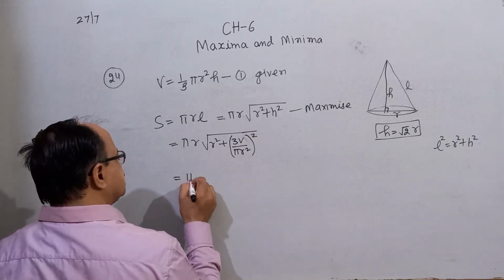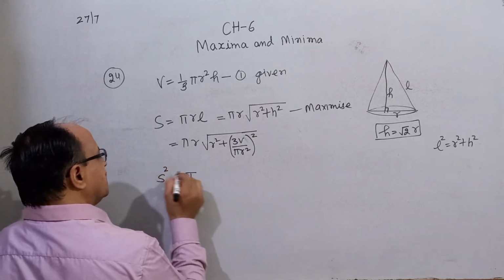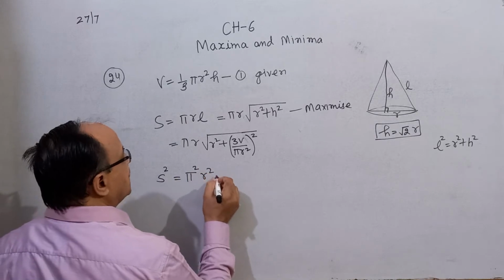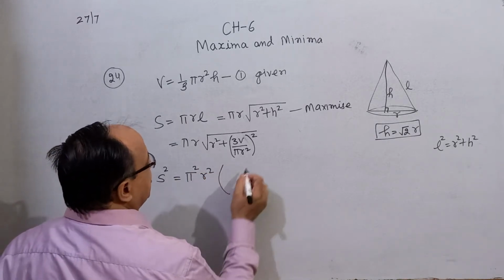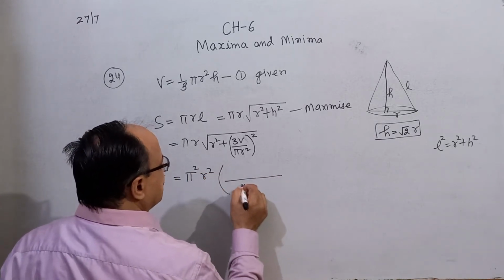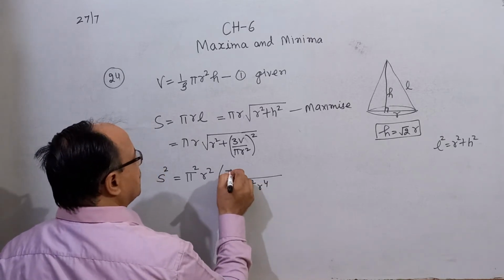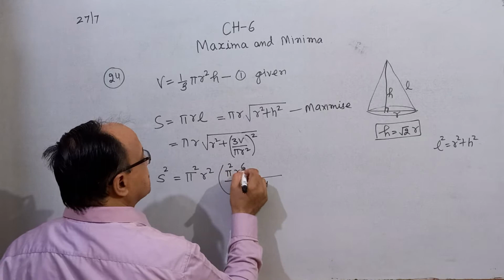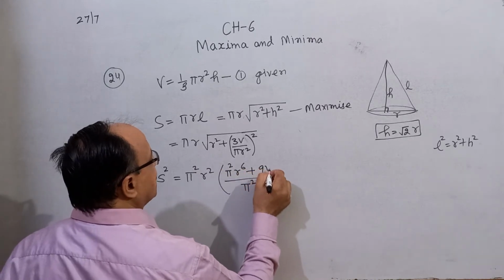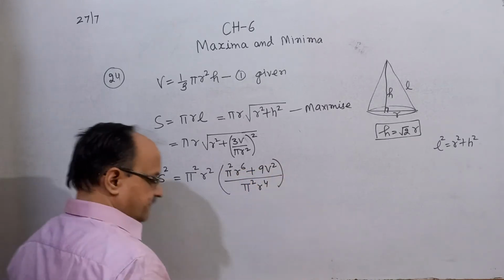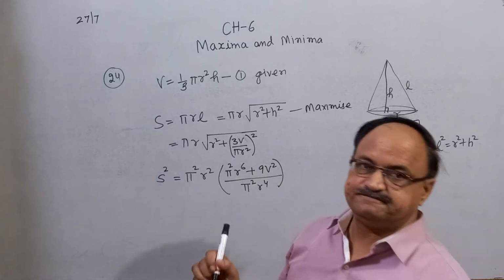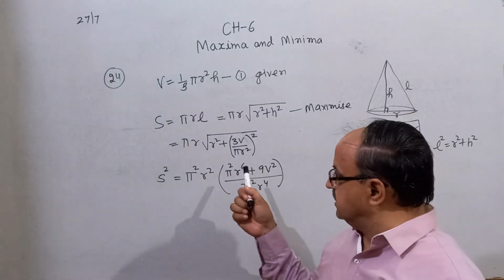Now, squaring both sides. Pi square r square, and take LCM here. Pi square r4, pi square r6 plus 9v square. This is the main step. Check again.